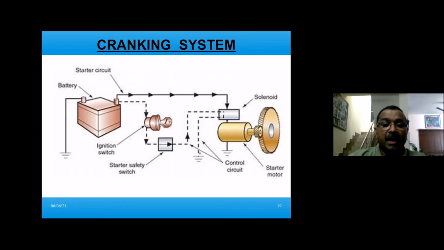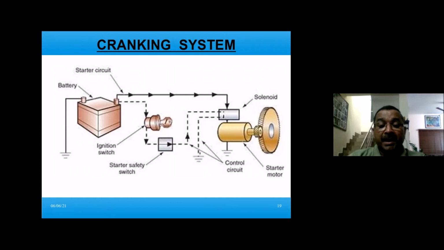So in your car, here you have got an electrical motor, and you have got a gear system connected to your crankshaft.